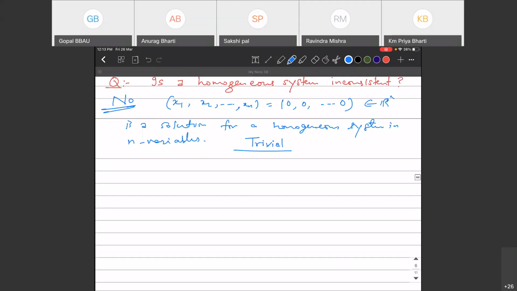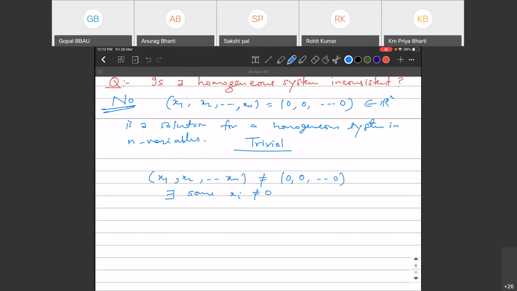If a homogeneous system has a solution other than 0, so what does it mean by x1, x2, ..., xn not equal to 0, 0, ...? This means there exists some xi which is non-zero.